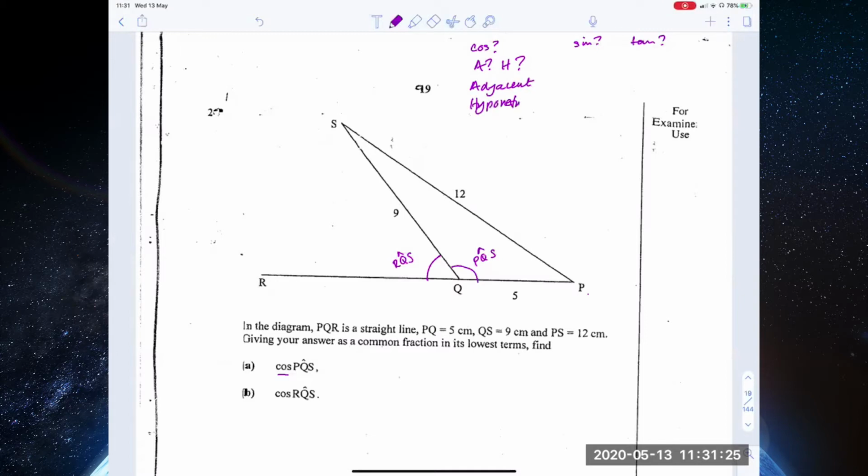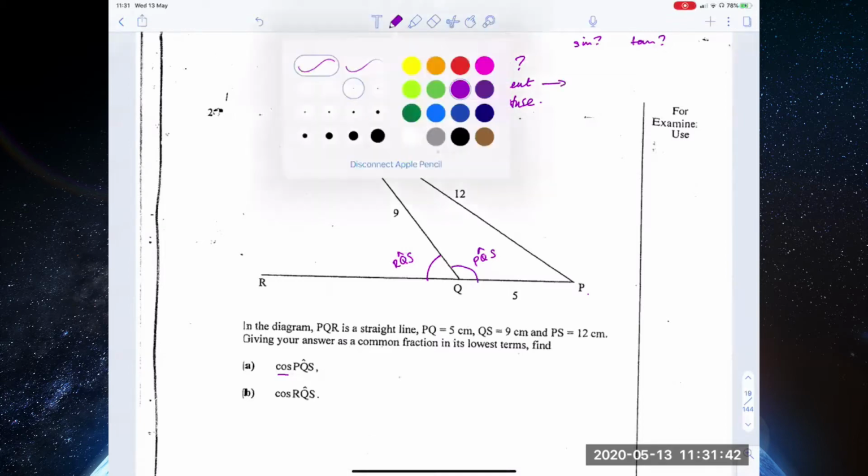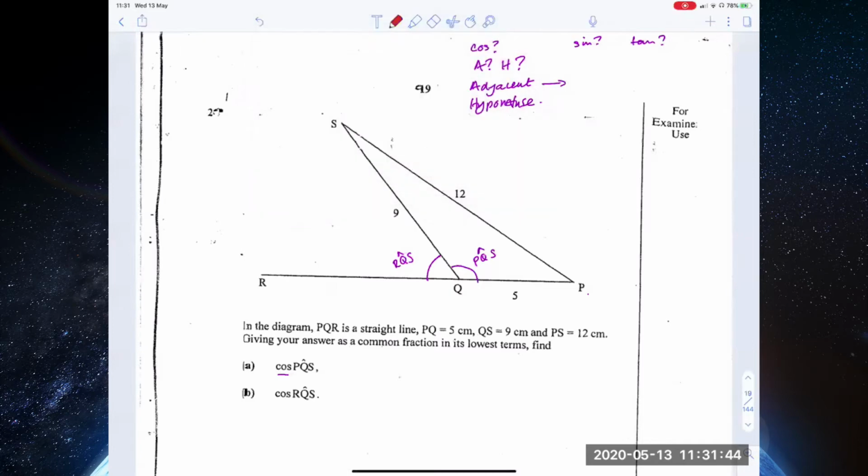Which is the adjacent and which is the hypotenuse? 5 is the adjacent. It's adjacent to what? What does the word adjacent mean? Opposite. Once you can answer these questions, you'll be able to know how to work this out forever, okay?